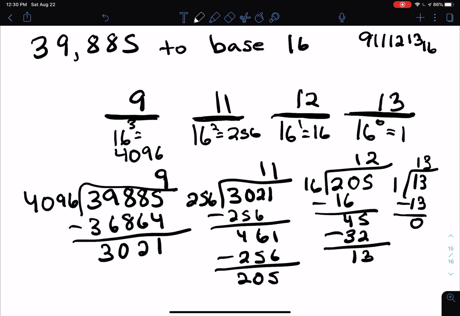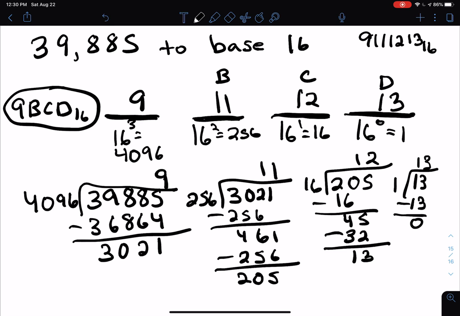So that's why it's important to use the letters instead of the numbers when you have those double digits like that. So remember, A is 10, B is 11, C is 12, D is 13. So this is actually going to come out to 9, B, C, D in base 16. Yeah, this is not going to work up here because that would be an entirely different number. You can't squeeze 2 digits into one place value. So use those letters. That's why.